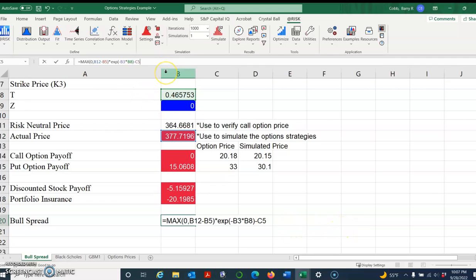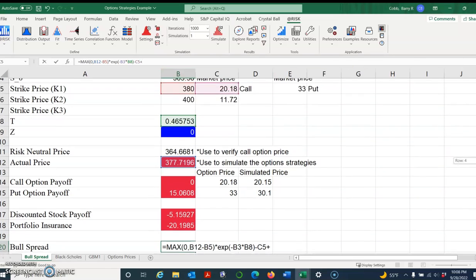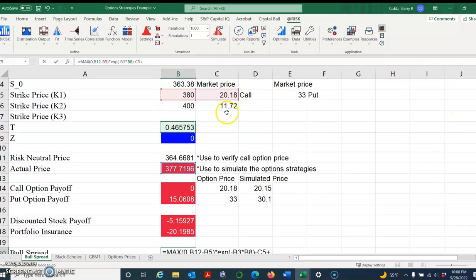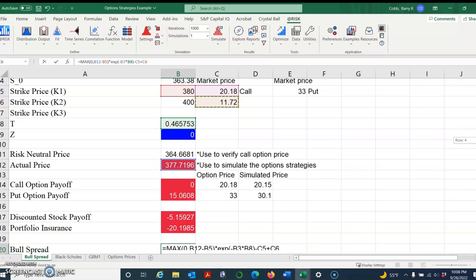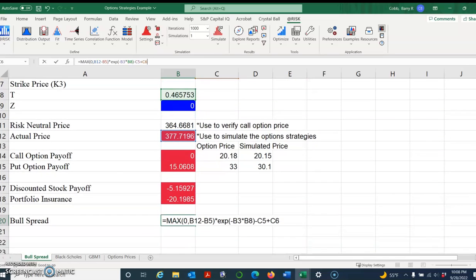Okay, now the second part of this strategy is that we're going to sell a call option that has a somewhat higher strike price than the other option that we just used. So if we're going to sell an option, we're going to receive the market price for the option. So we'll go ahead and use this call option that has a strike price of 400.